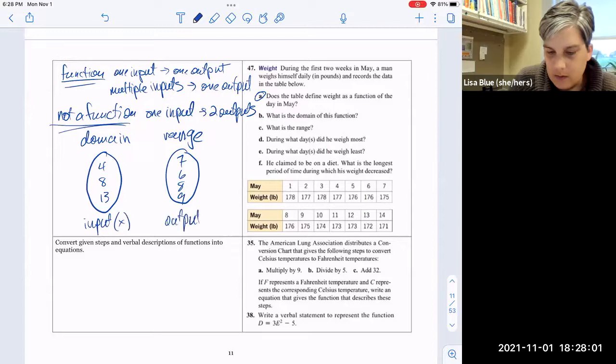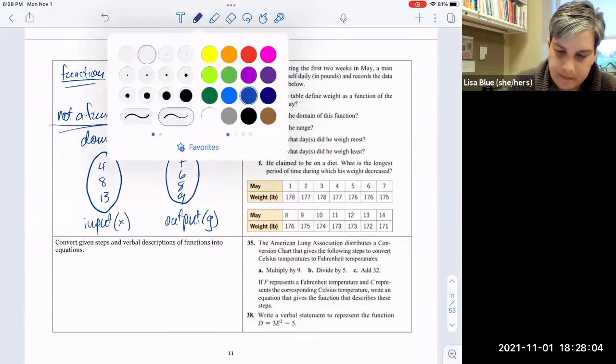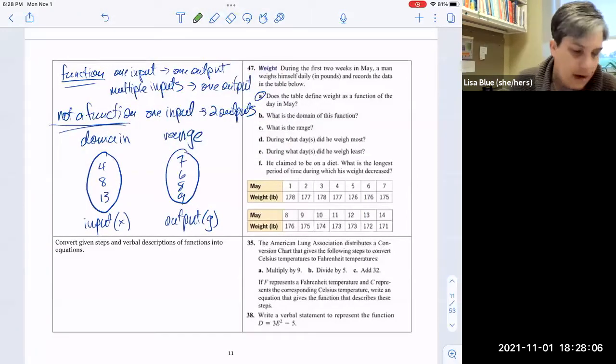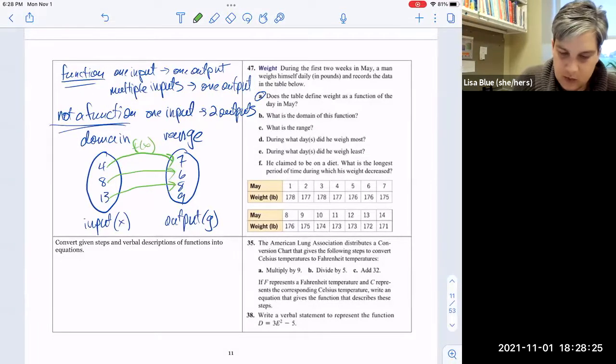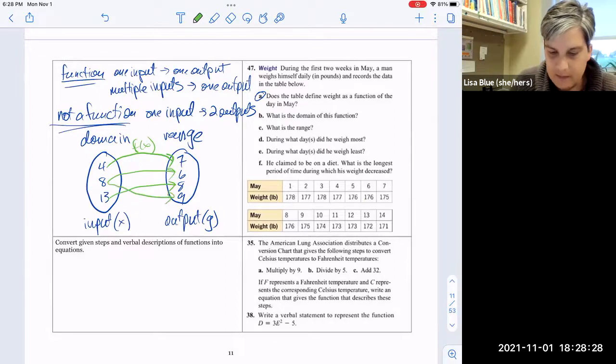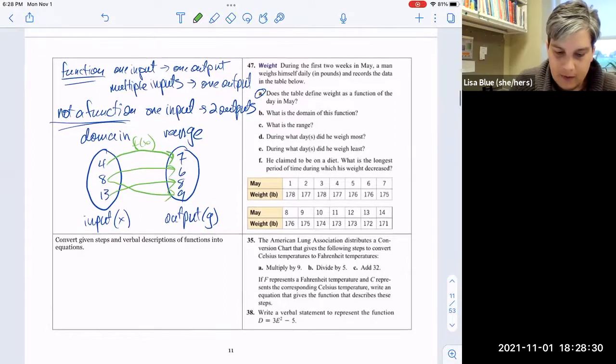This is our output for our Y value. All right, suppose that we have 4 mapping to 7. So this is our f of X, this is our function. And if 8 is mapping to 6, that's our function still working. And 13 maps to 8. But then we go back and find, oh, well, there's a special case where 8 can also map to 9. Okay, if we have one input mapping to 2 outputs, that makes it not a function.